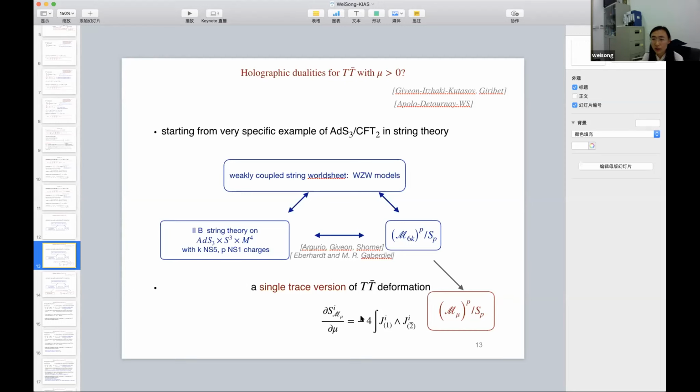Before the deformation, we have a symmetric product. The single trace deformation of TTbar is to do the double trace TTbar on the seed theory, and then perform the symmetric product.